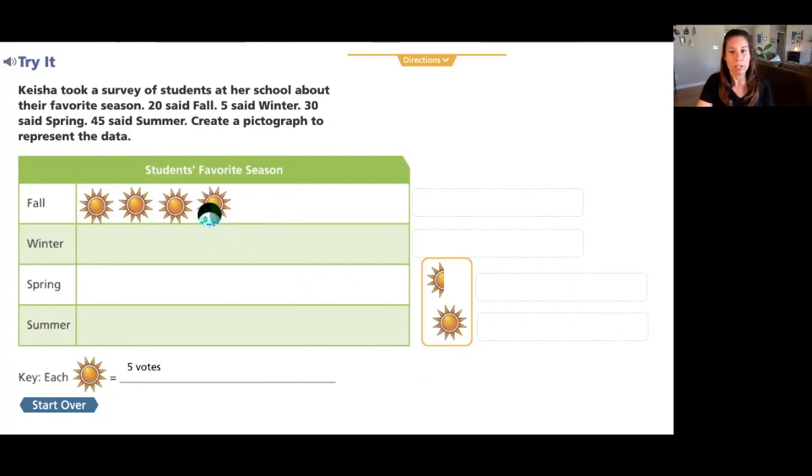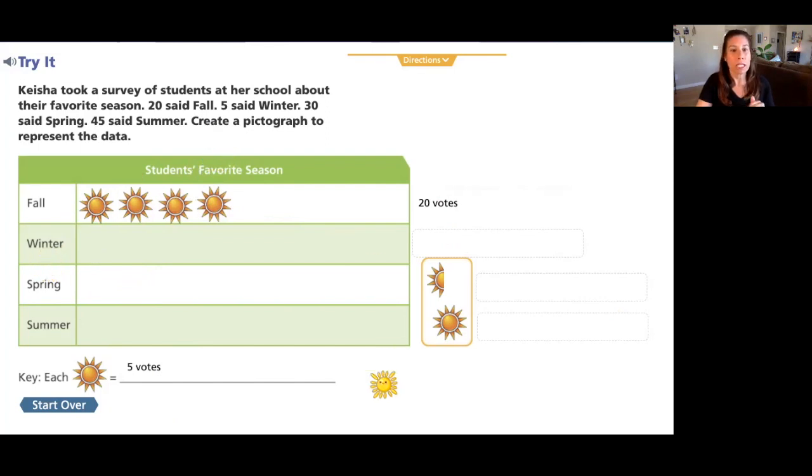And like I showed you yesterday on your anchor chart, I like to put how many votes there was at the end so I can remember, okay? So 20 votes. Okay, so I know 5 times 4 equals 20.